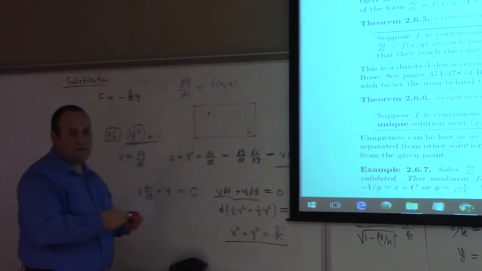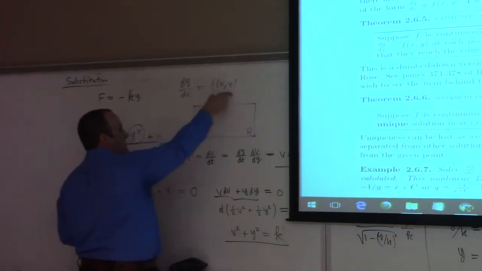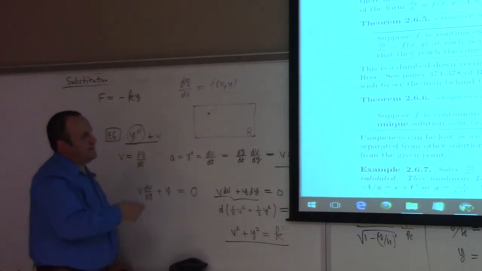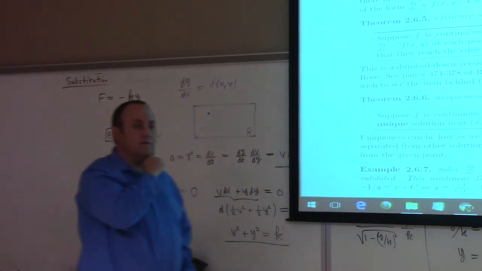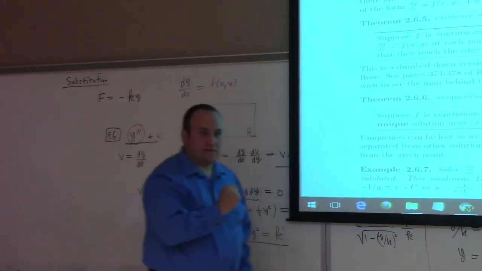It's pretty nice. This is very comforting. If you have a differential equation with a continuous formula, you can be assured that solutions exist. Nothing about uniqueness here, at least one solution.